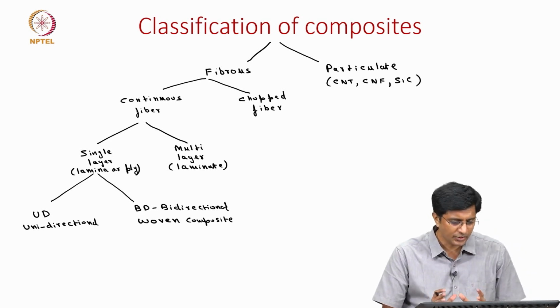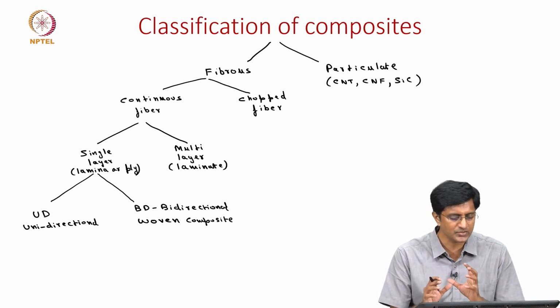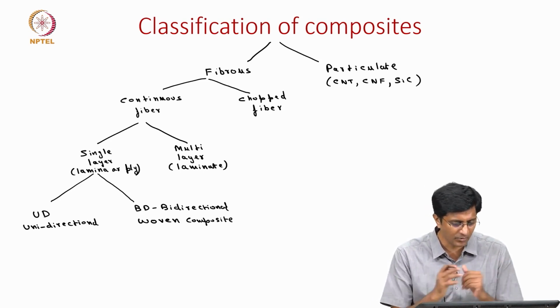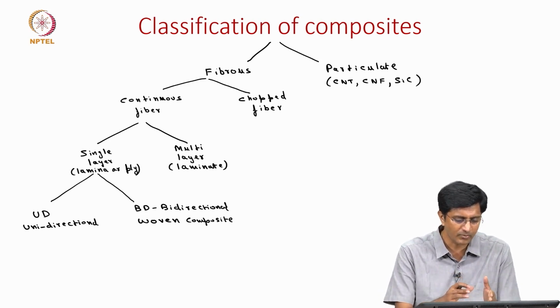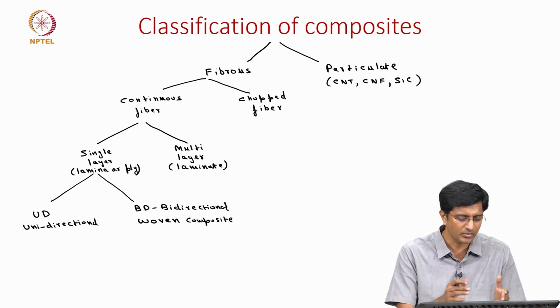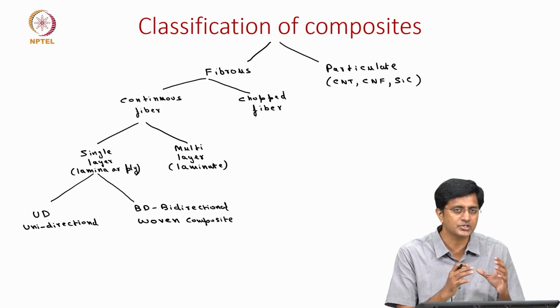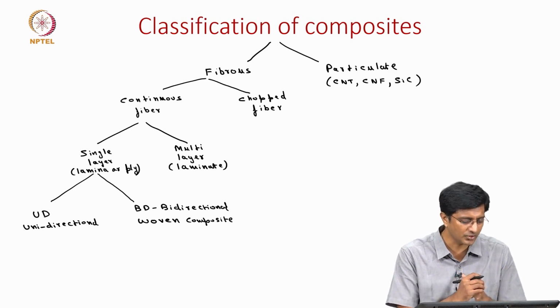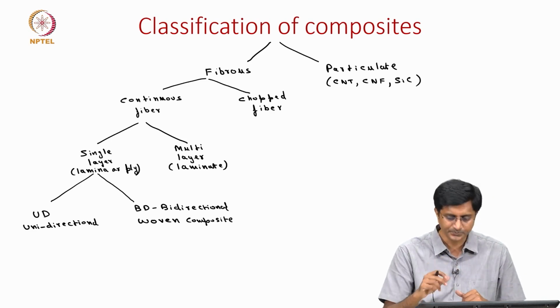I think this should give some idea about composites: if we come across a new composite, we should be able to picture where it fits in this scheme of classification. We started with fibrous and particulate. In the fibrous we have the continuous fiber and the chopped fiber, but most structural composites are made up of continuous fibers, which could either be a single layer, or lamina, or a multi-layer, or laminate.